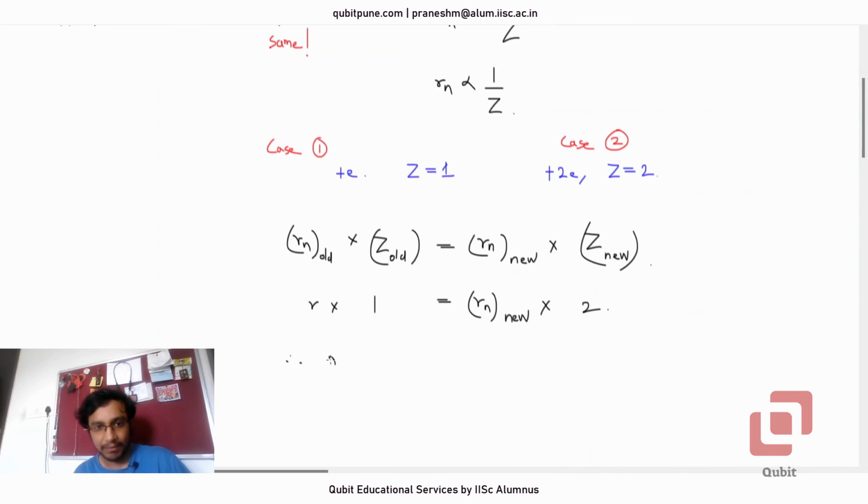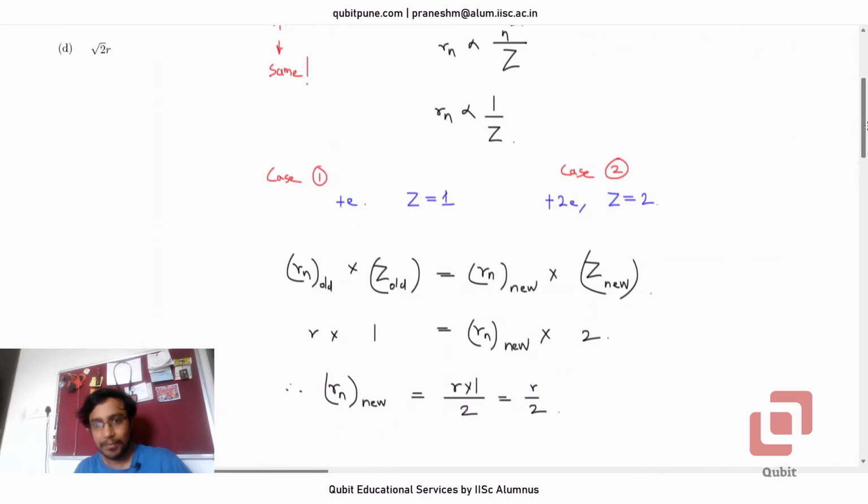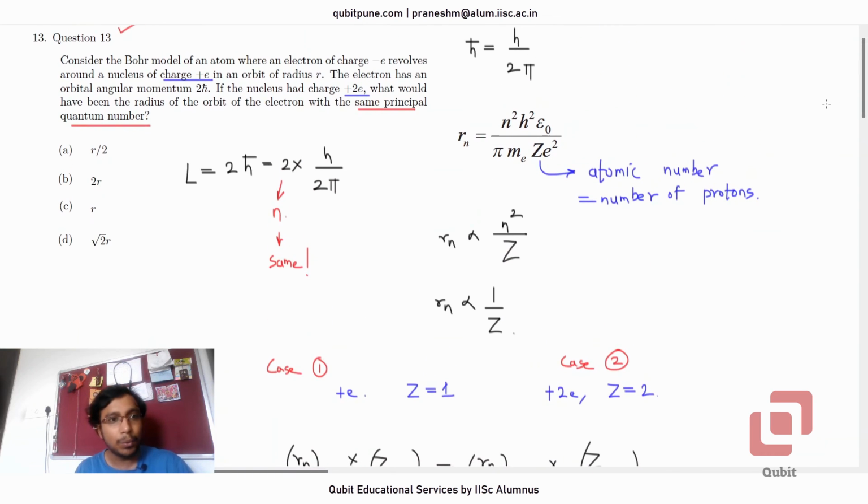Which basically gives me Rn new as R into 1 by 2, or R by 2. Option A. That means the radius will actually get halved if there is an additional proton present inside the nucleus.